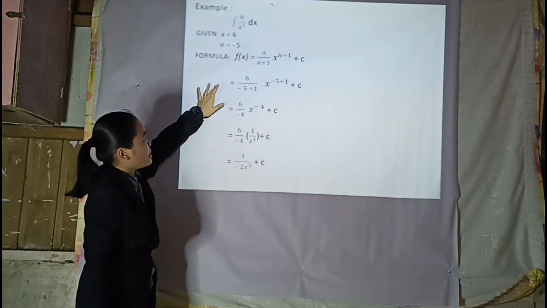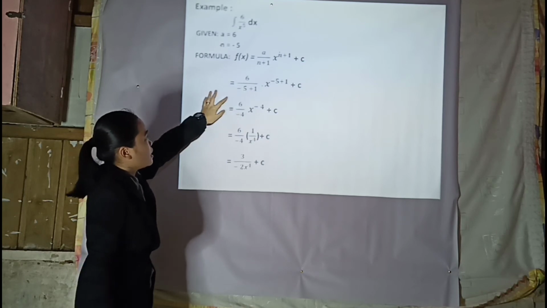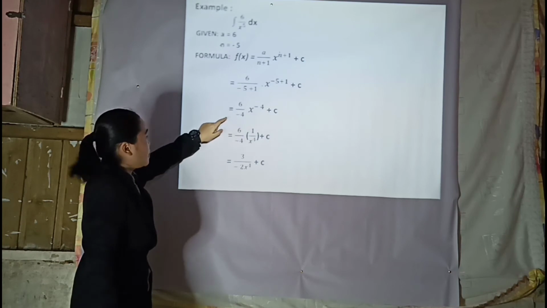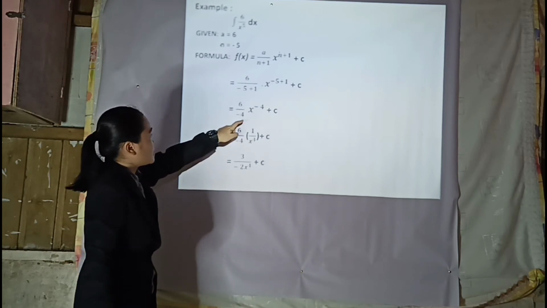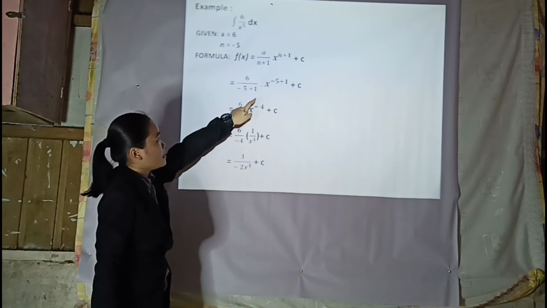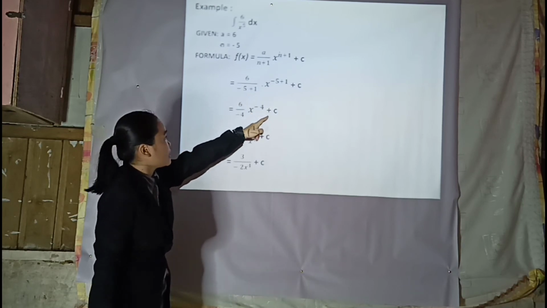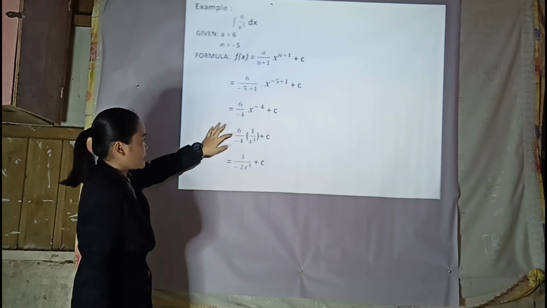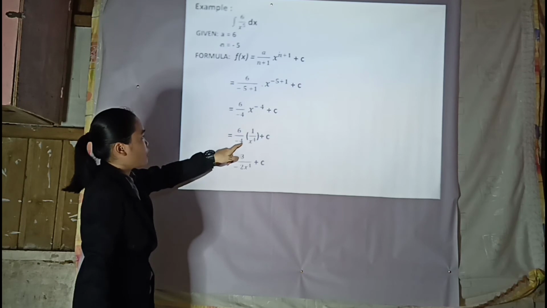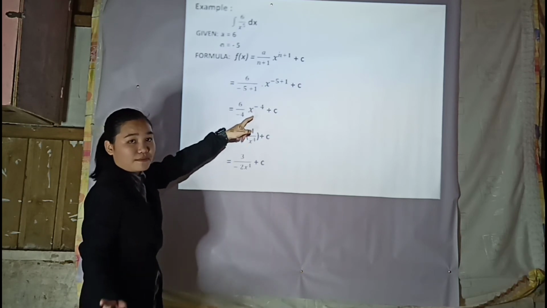We will simplify this answer. So, we have 6 over -5 plus 1 equals -4, times x raised to the power of -5 plus 1, which is -4, plus c. Simplify this answer. So, we have 6 over -4 times the reciprocal of x raised to the power of -4.